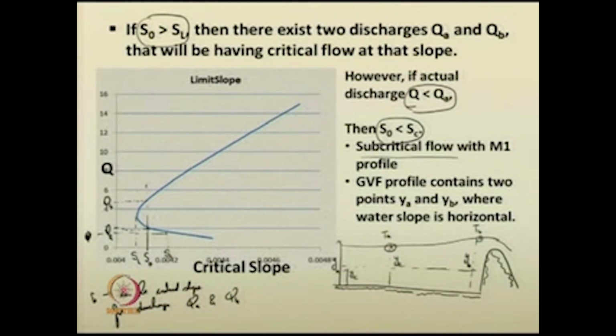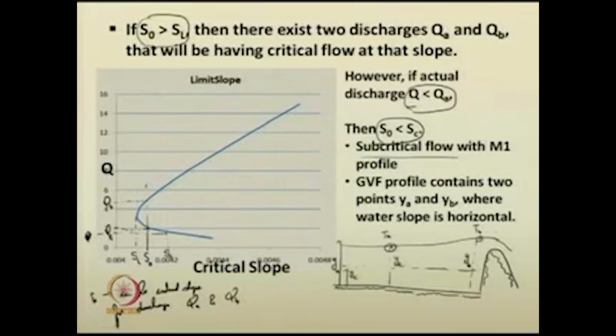At these locations TA, the gradually varied flow profile will be horizontal. So, they are the points of inflection, that is the slope of the curve changes from that location onwards. So, these points TA and TB are the transitional locations, and the transitional depths are the corresponding yA and yB. Fine.